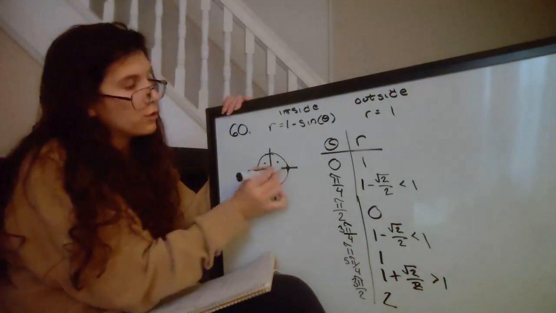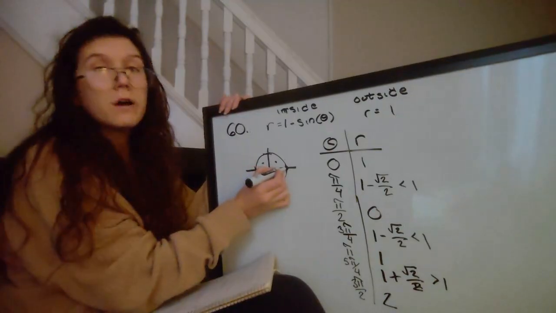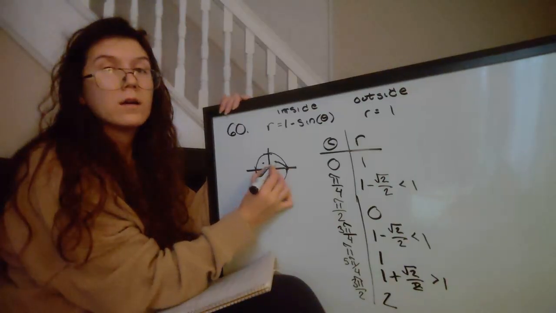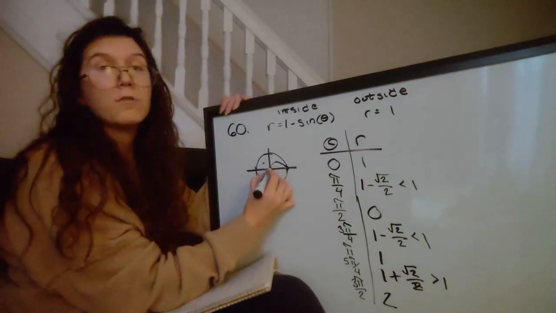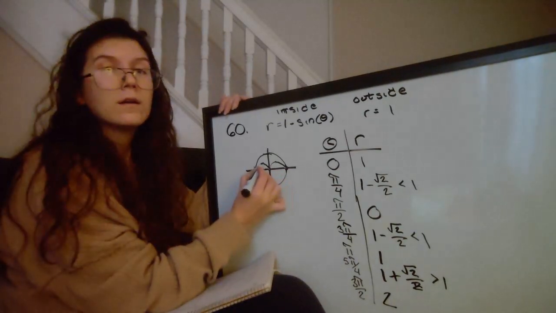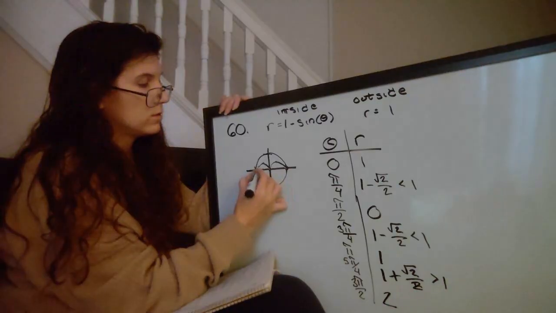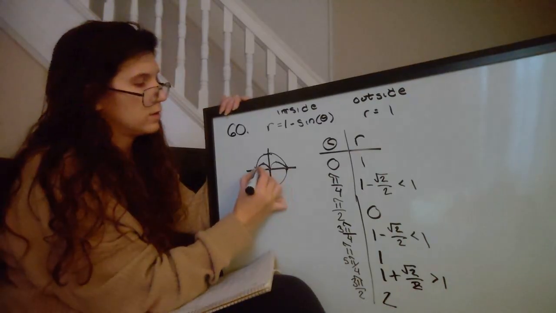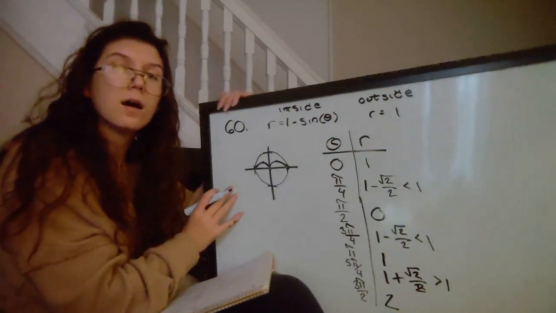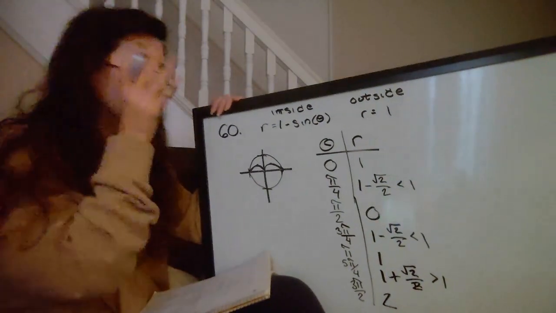So if we go from 0 to pi over 4 to pi over 2 to 3 pi over 4 to pi, that is how we end up getting 2 humps, basically.